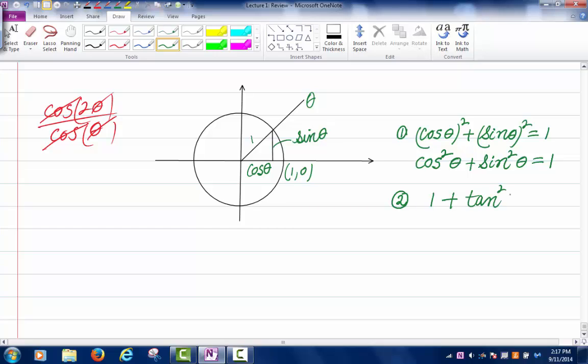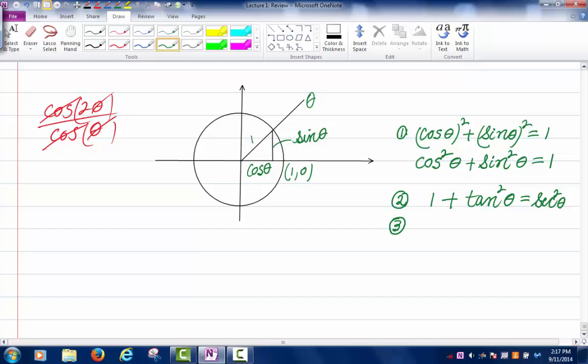So I get tangent squared. And then if I divide 1 by cosine squared, I get what? Secant squared. You guys agree with that? So that's the identity. Identity number 2.